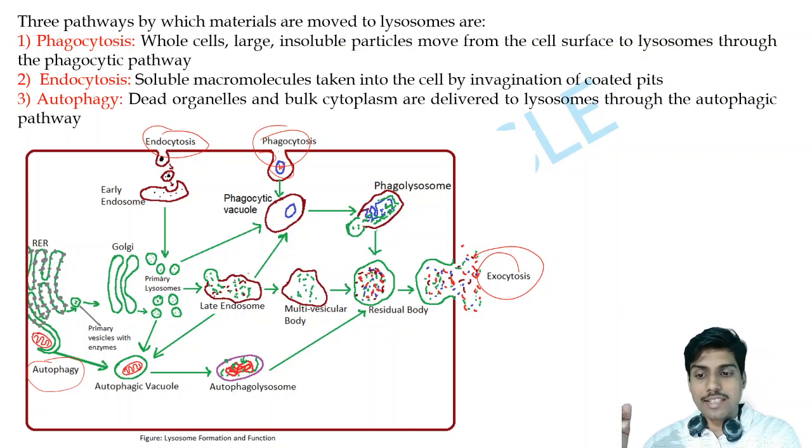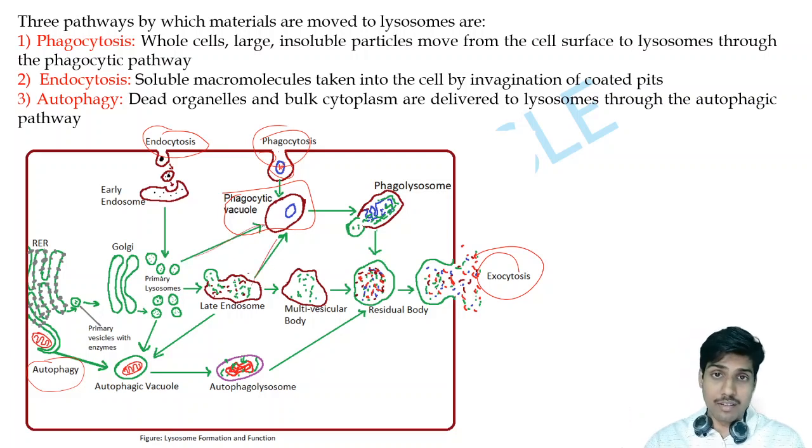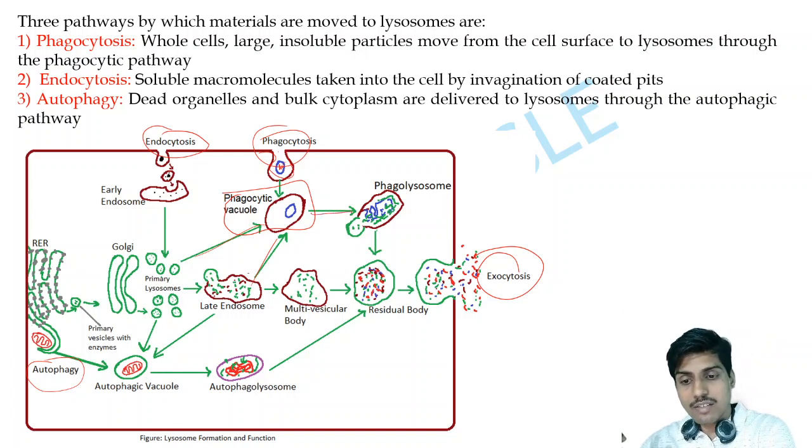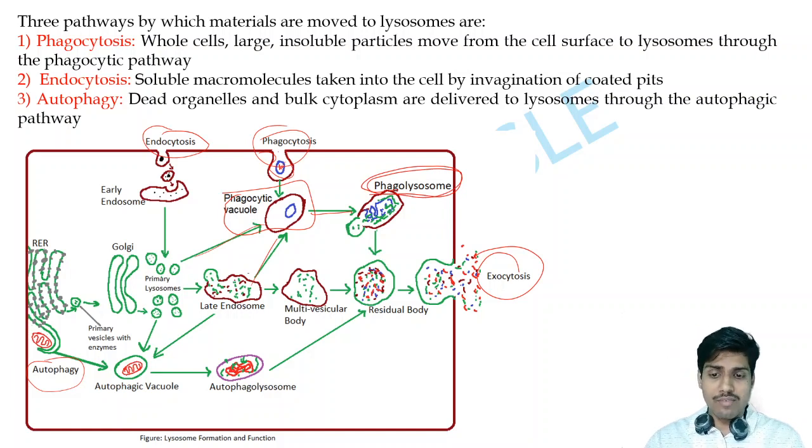This phagocytic vacuole then combines with the early endosome and the enzymes in the primary lysosomes, and finally it forms what? Phagolysosome. And why is it the phagolysosome? Because it is formed after the phagocytic vacuole, following phagocytosis, right?